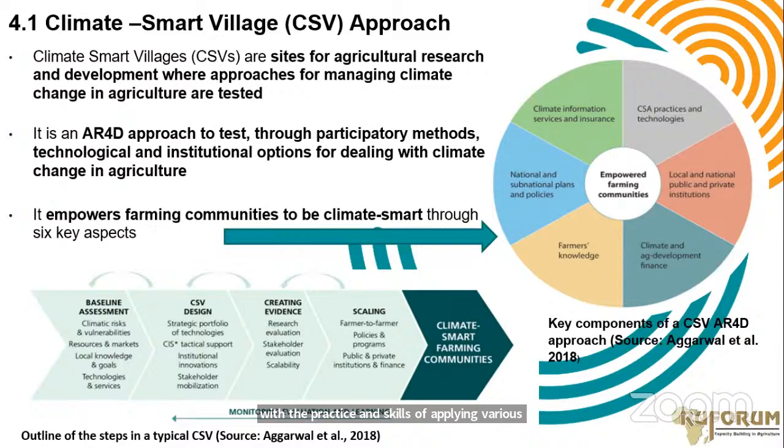The other aspect is strengthening the local and national plus the private institutions to support adoption or co-learning and co-creation of technologies that are appropriate and relevant for various locations. So they have to be area specific. There are also services, climate and agro development financing, because then adoption of these technologies require resources.